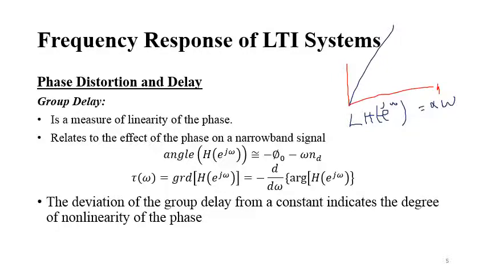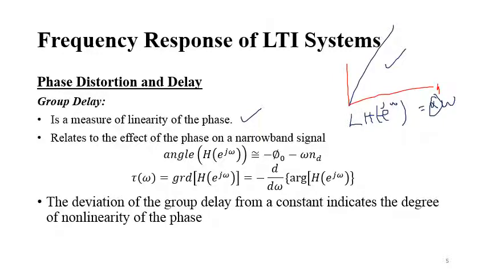Again, by definition, the group delay is basically a measure of the linearity of the phase. So in this particular case, this is a ramp, and taking the derivative of this will result in a. Whether a is 1 or 1 by 2 or 2 or whatever, we get a constant, right?